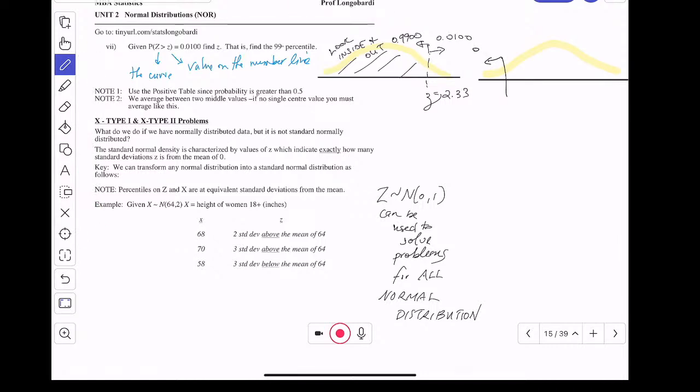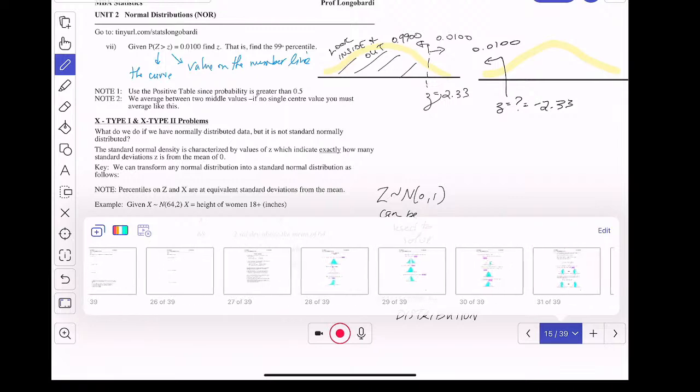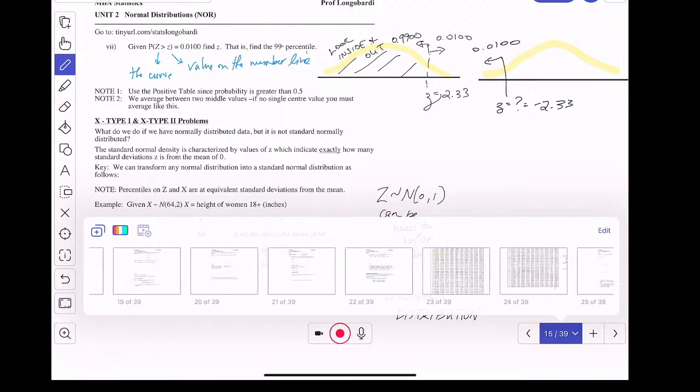So if you looked up 0.0100, that would correspond to negative 2.33. So if we did that and we go to, I went too far.